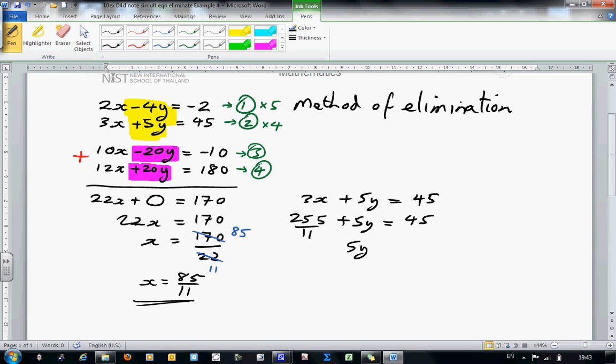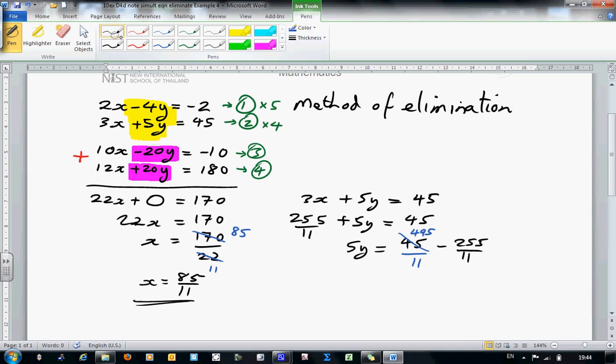Let's just do a quick change here. If I times this by 11, I get 495 over 11. So 5y equals 495 minus 225 is 270 over 11.